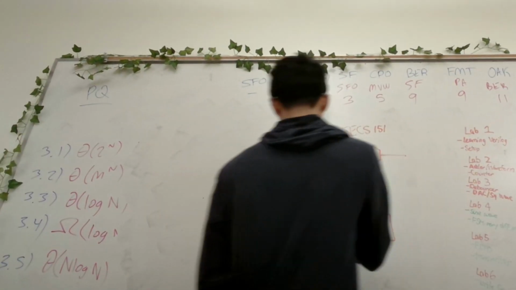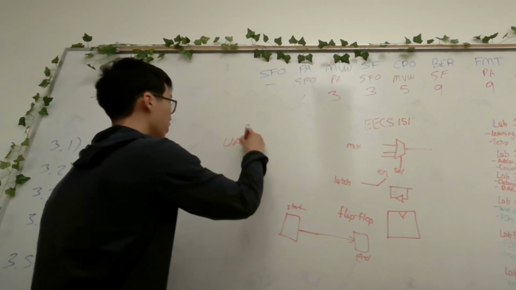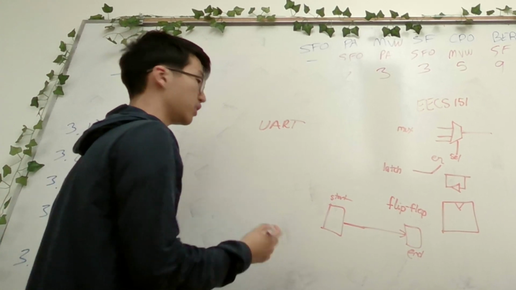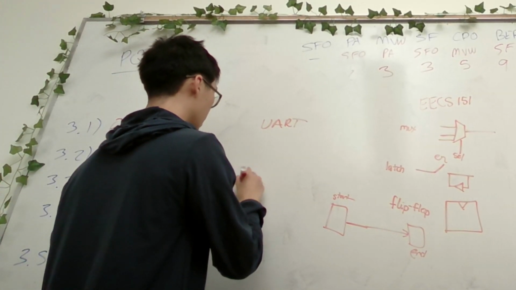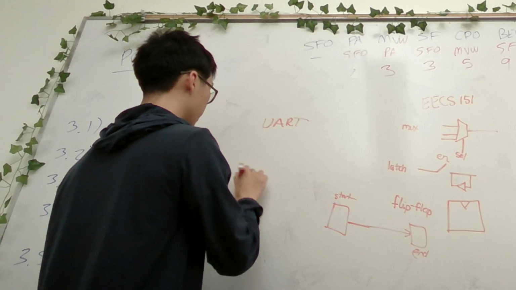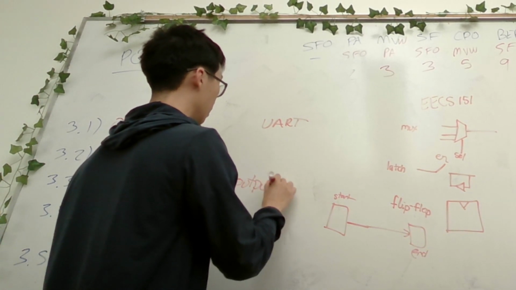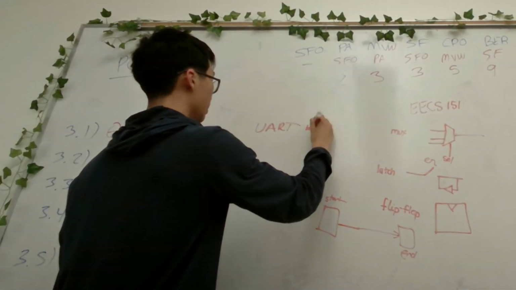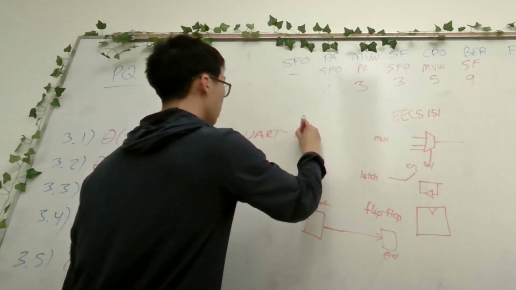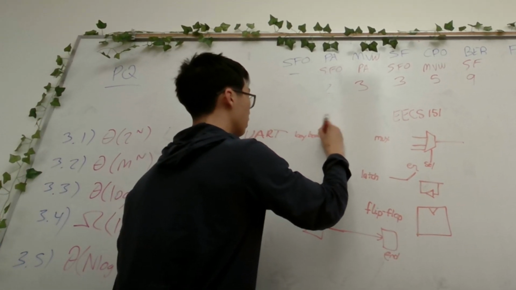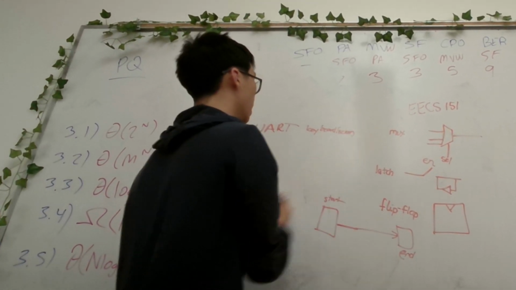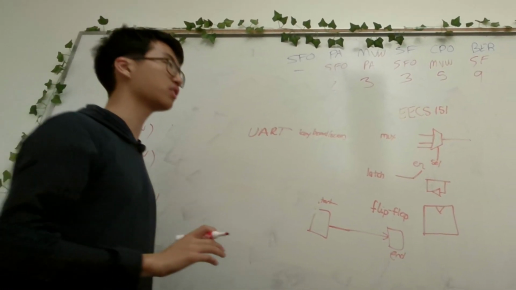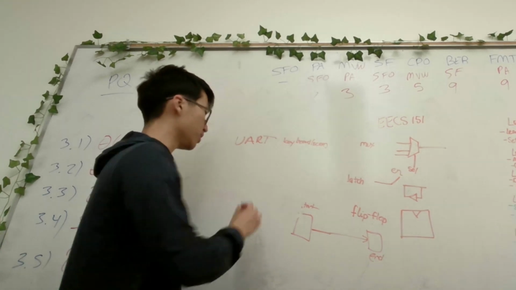In lab five, you have a UART, and you can think of the UART as like the keyboard and screen, and then you can think of your RAM control, your RX, something else.